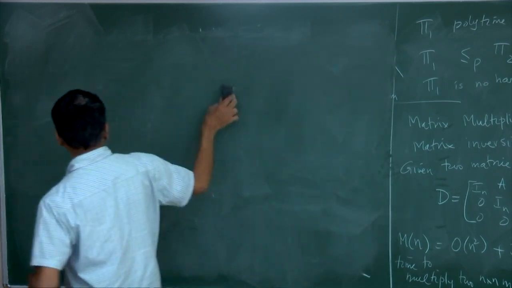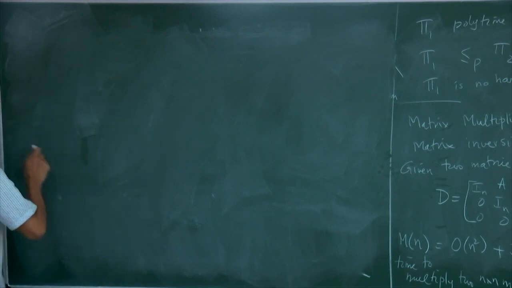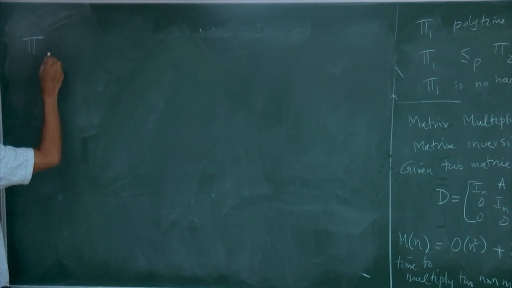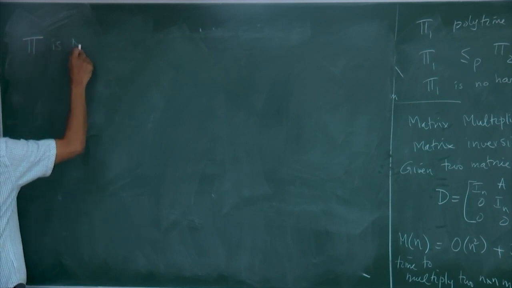Okay, so now, when is a problem pi NP complete?